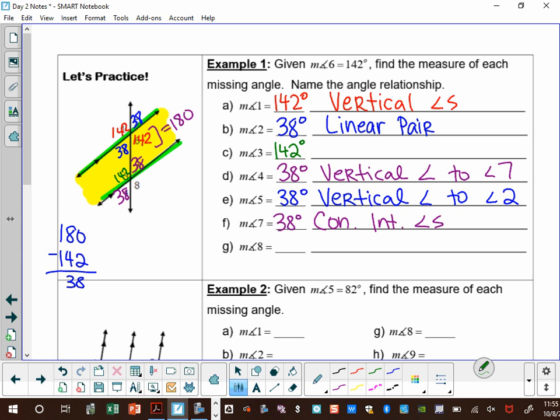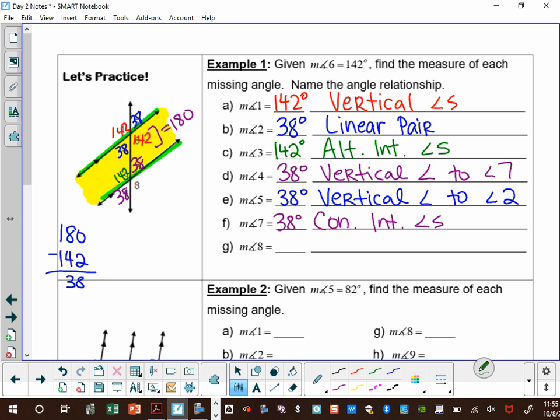You guys remember that term? Look at your cheat sheet, Diana. It's easier. Not corresponding. Alternate interior. So we have alternate interior angles. 3 and 6 are alternate interior.